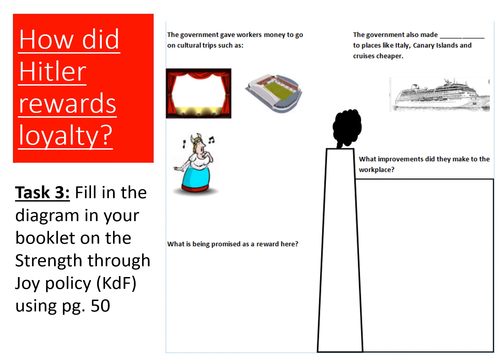And there you go, that's the last policy that Hitler put in place. So he's got the KDF, Strength Through Joy, he's got the German Labour Front, and he's got the National Labour Service Corps. Those are the 3 groups, 3 policies that Hitler puts in place that are to do with workers. Now the overall aim is to reduce unemployment for sure and to make German workers loyal and happy.